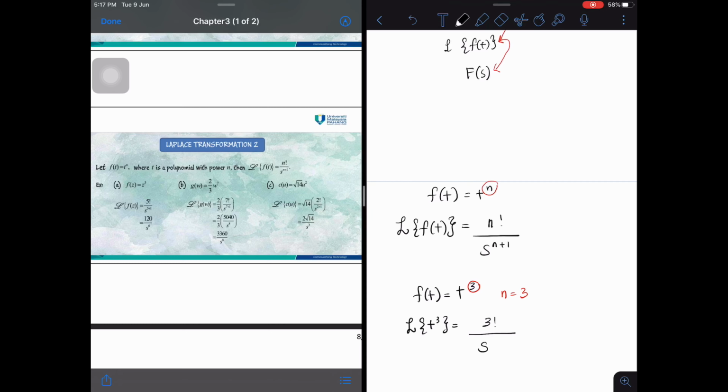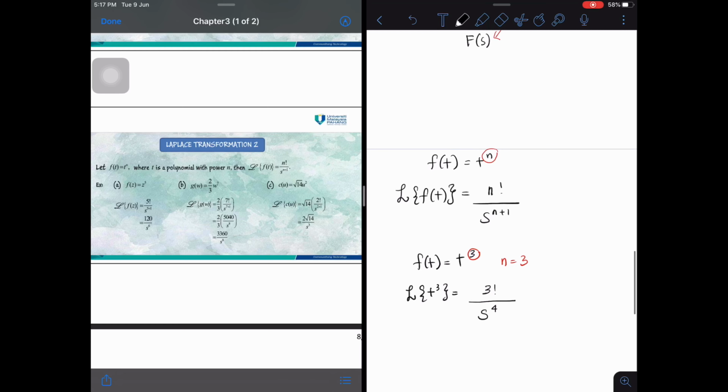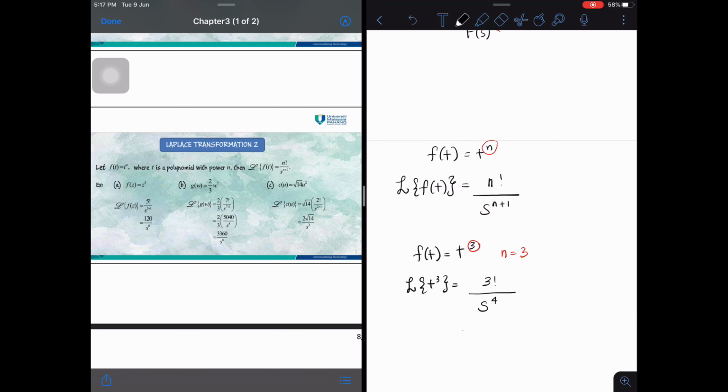So your n is 3 plus 1 is 4, so s to the power of 4. 3 factorial you can calculate by using a calculator, you will get 6. So your final answer is 6 over s to the power of 4. What is this 6 over s to the power of 4? It is F(s), where F(s) is the Laplace transformation of f(t).